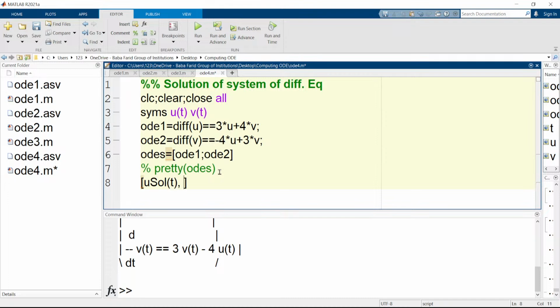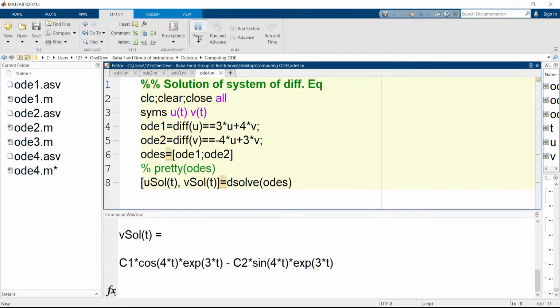Then comma and vSol(t). This is the second function, and this will be equal to dsolve(ODEs). So this is the complete program, and you can see we have only a few statements, and this will return the solution of the system of equations. Yes, we have this solution.